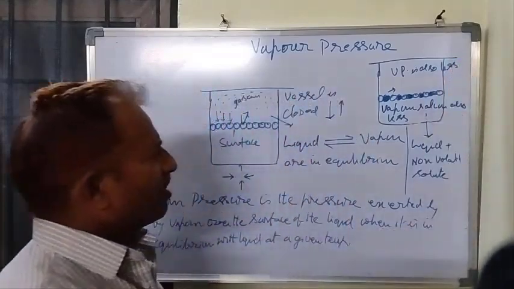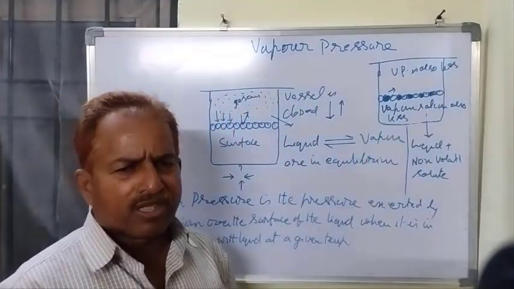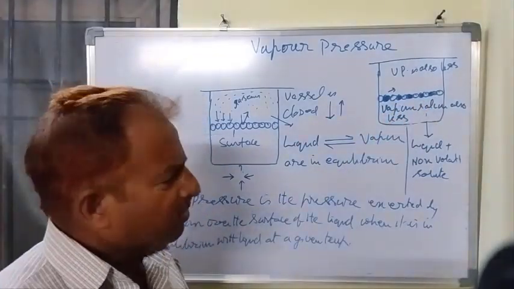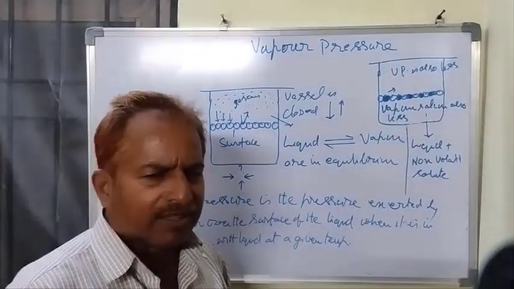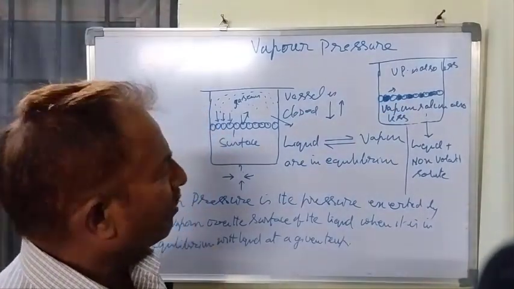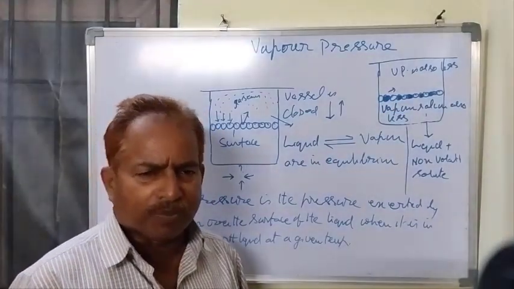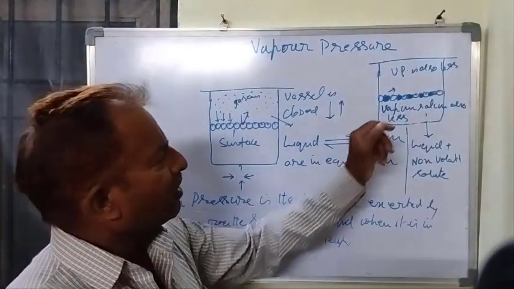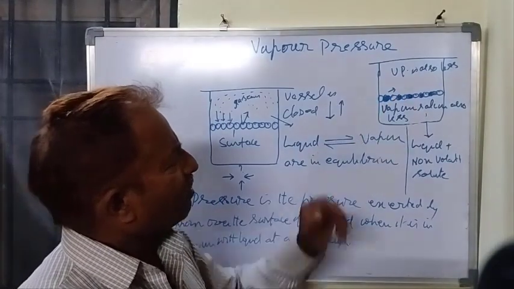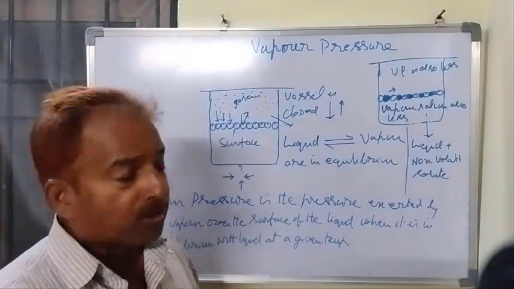So why is vapor pressure less when it is mixed with non-volatile solute? Because when non-volatile solute is mixed with a pure solvent, some of the surface is occupied by solute particles also. Therefore, they do not escape, they do not form vapor. Therefore, the surface for the vaporization of the liquid becomes less. As the vaporization process becomes less, vapor pressure is also less.